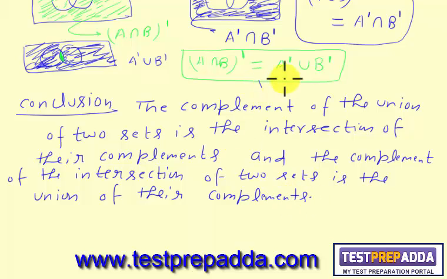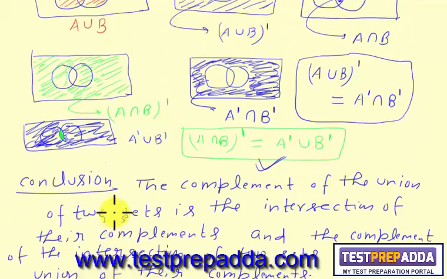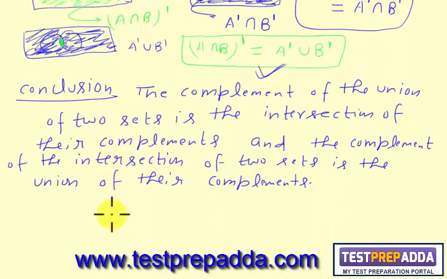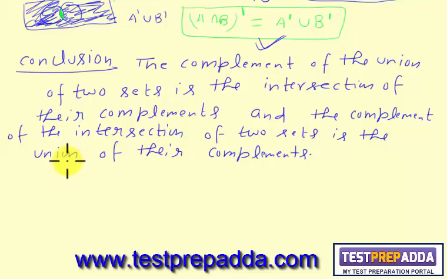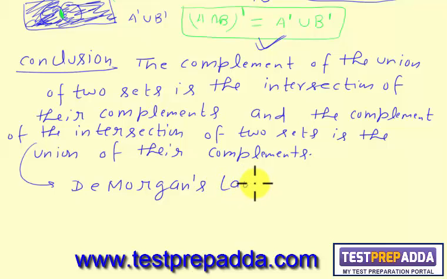You can see here. So this conclusion we can derive from these Venn diagrams, and actually this conclusion is De Morgan's laws.